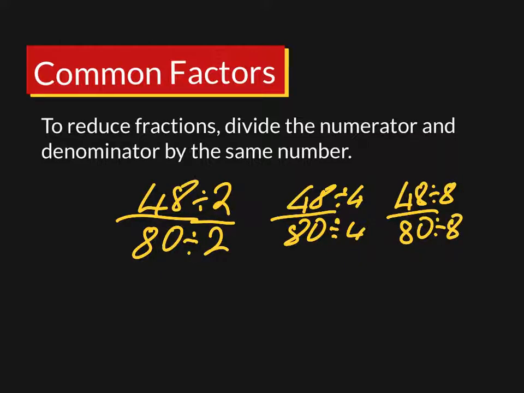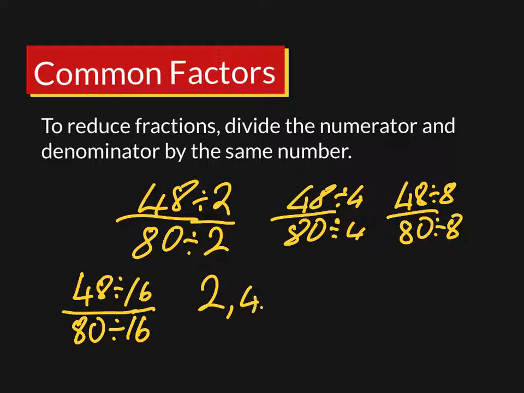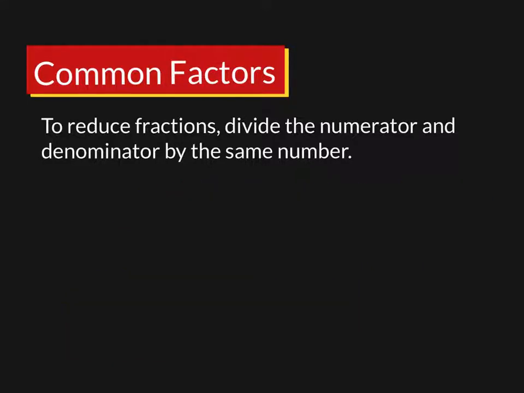And then if I were to perform factoring of these two numbers, which you might remember from whole numbers, I would discover that both 48 and 80 are divisible by 16. So 2, 4, 8, and 16 are all common factors of 48 and 80.